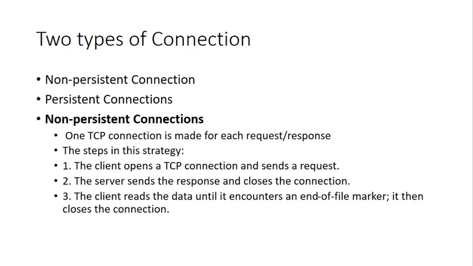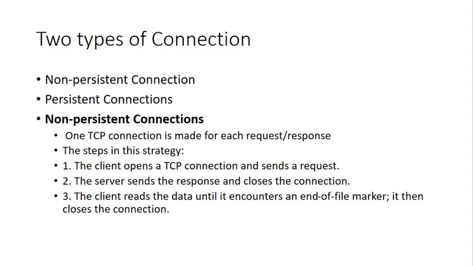And if the web pages or objects to be retrieved are located in different servers, then we do not have any other choice than to create a new Transmission Control Protocol connection for retrieving each object. However, if the objects are located on the same server, then that means we have two choices.